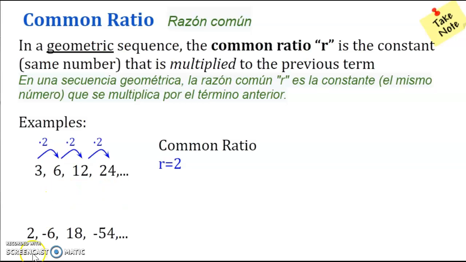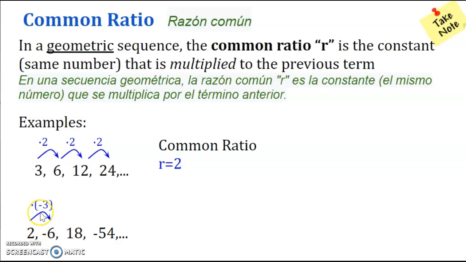What about this sequence? Okay, 2 becomes negative 6, and negative 6 becomes 18, and 18 becomes negative 54. Oh, it's flip-flopping between a positive and negative number. Can you think of some number I need to multiply to 2 to get to negative 6?